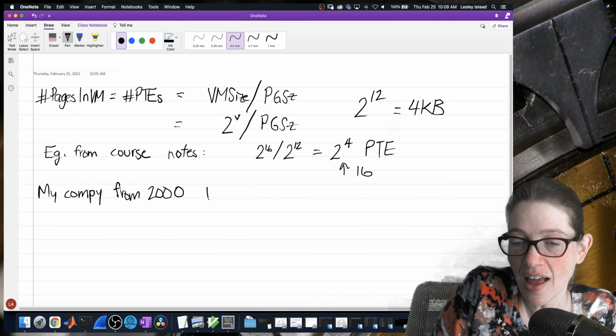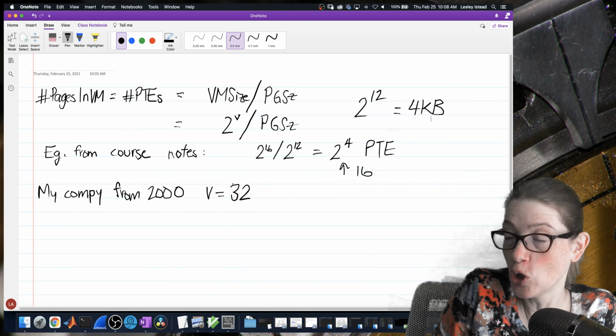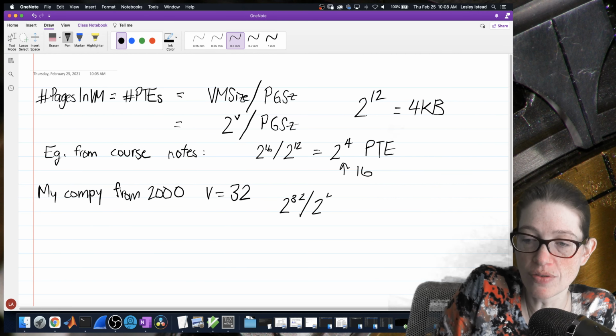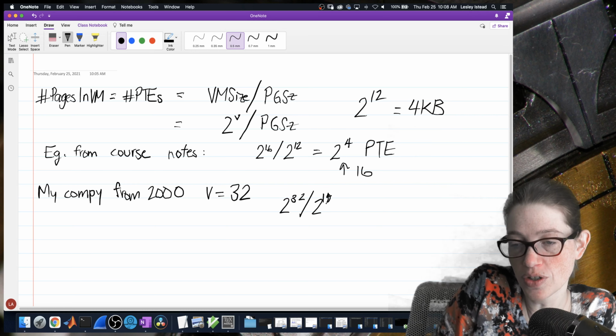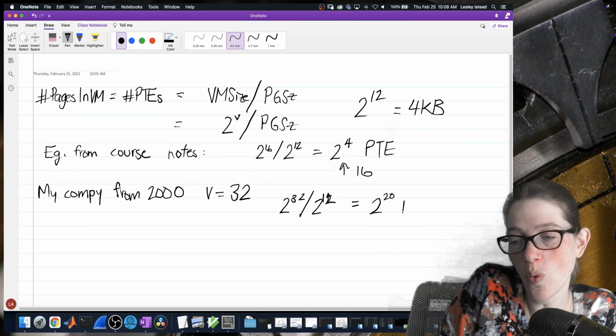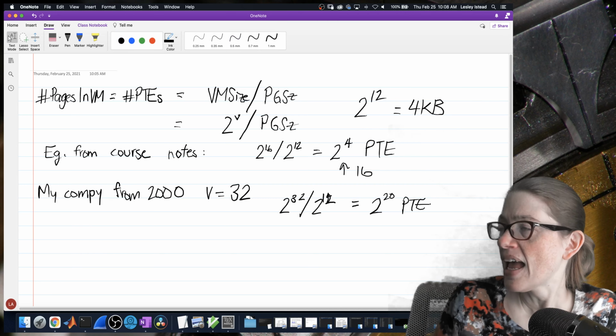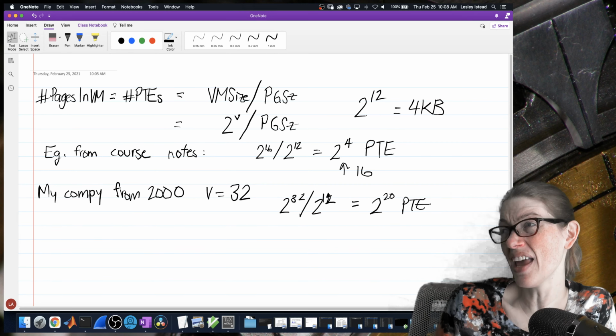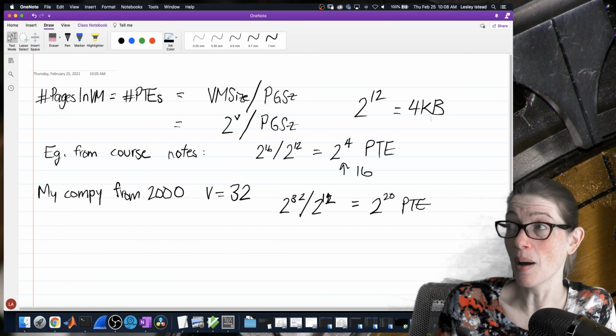It had V equal to 32. So it was 2 to the 32 divided by 2 to the 12. That means that I had 2 to the power of 20 page table entries. Now, that's a really big page table. I mean, you're talking about a pretty big number here.